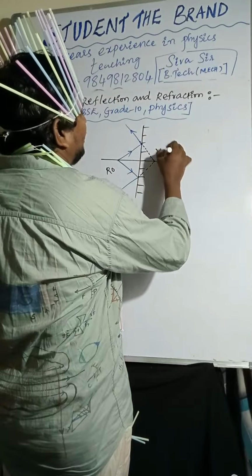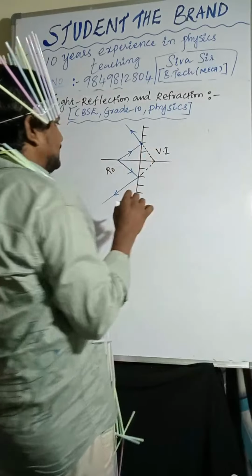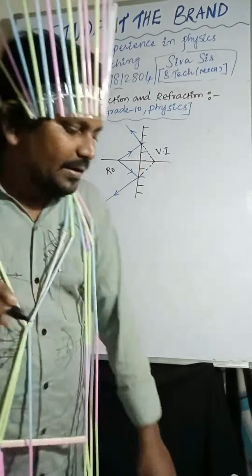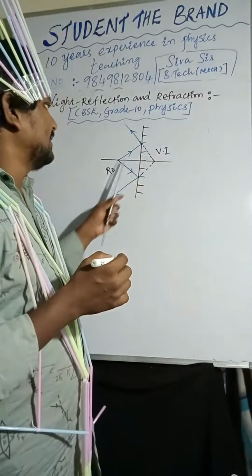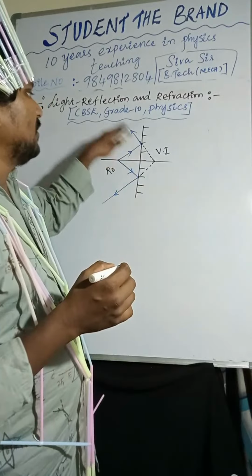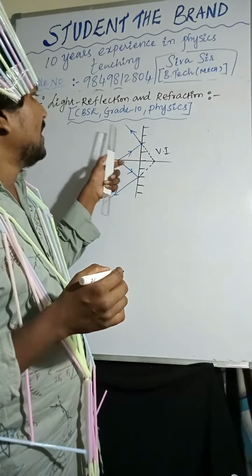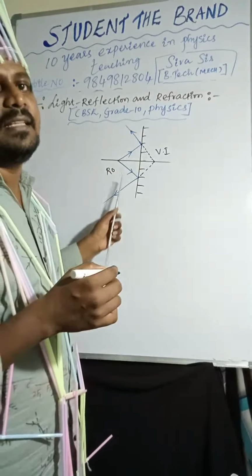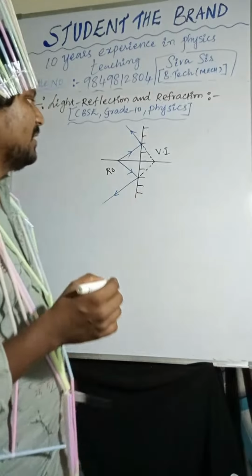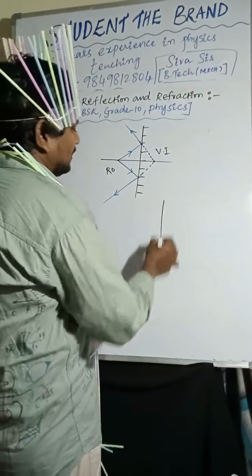That is a virtual image: a real object with a virtual image. From this point, light rays are coming, and after reflection they move away from the principal axis. If you extend them backward, they meet at one point. That is a virtual image.